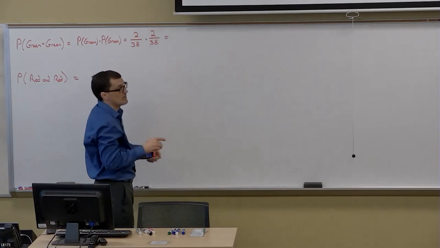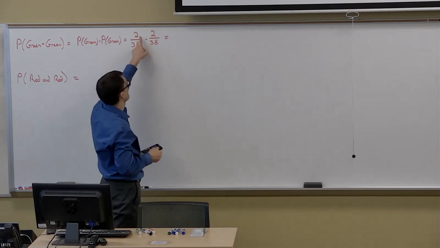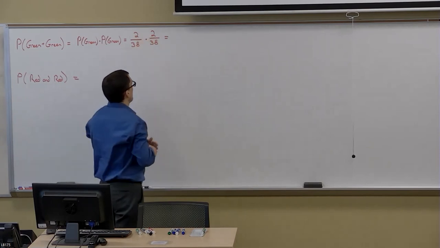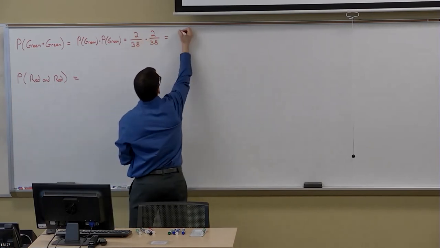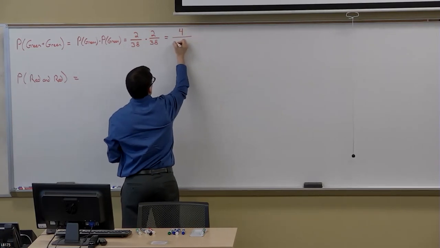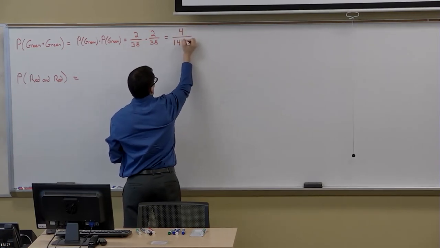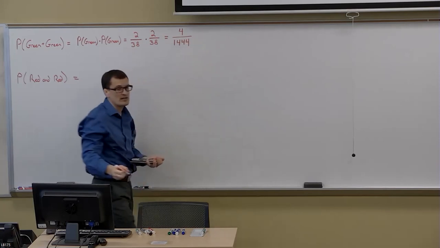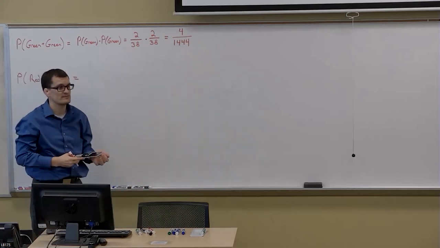What I'm going to do right now is just say, when I multiply fractions, 2 times 2 gives me 4. 38 times 38 gives me 1,444. I'll come back to that in just a moment. Okay. All right.